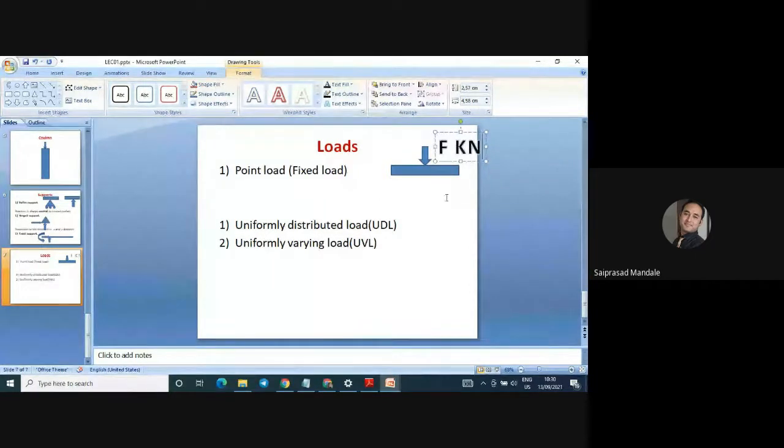Simply, how much is the intensity of the loading on that beam? If that is point load or fixed load, we can say the intensity of loading is F.